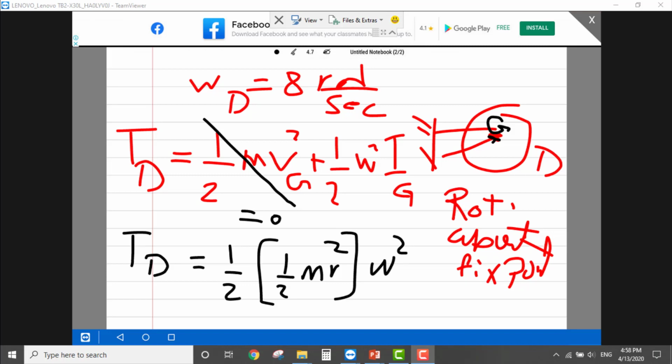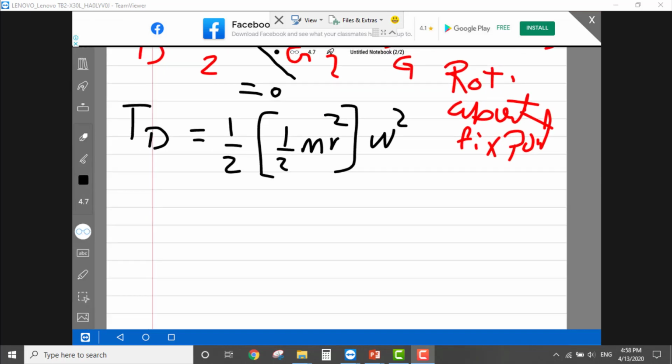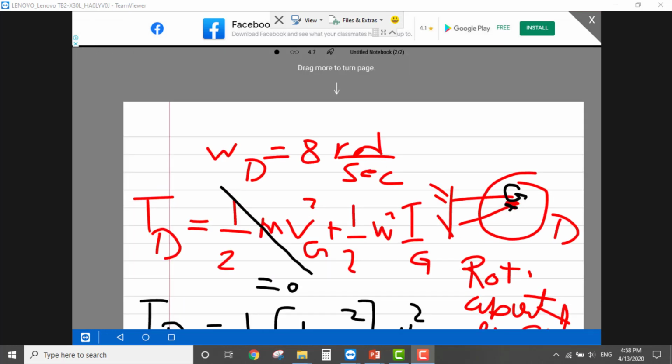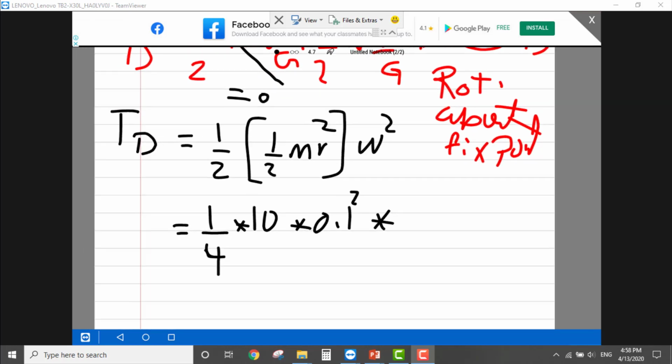And this equals 1 over 4, the mass of the disk equal to 10, multiplied by the radius of the disk, which is 0.1, multiplied by omega, which we found earlier, which was 8.